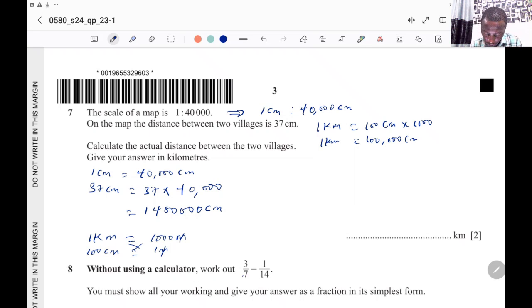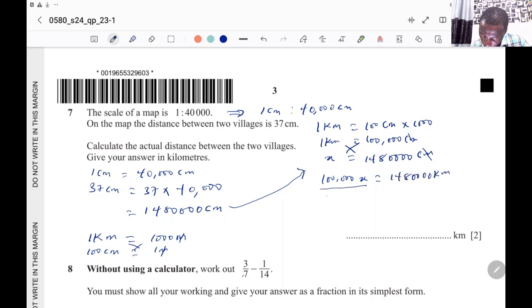So in that sense, let's bring this one together. We take this down here: 148,000 centimeter. Centimeter cancels centimeter. When we cross multiply, we have 100,000 x equals 148,000 kilometer.